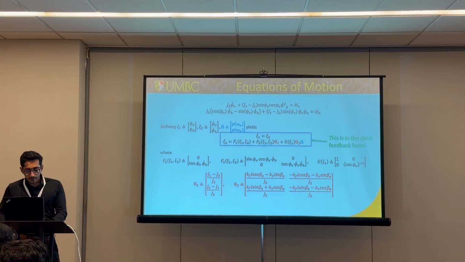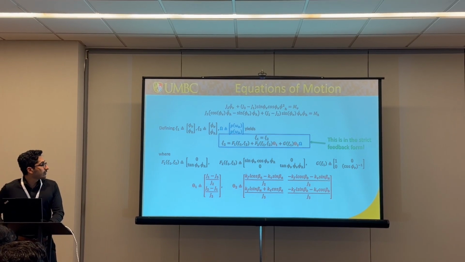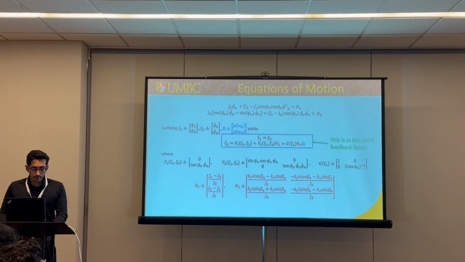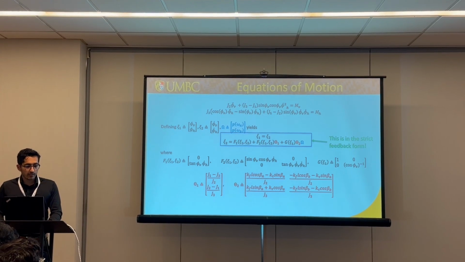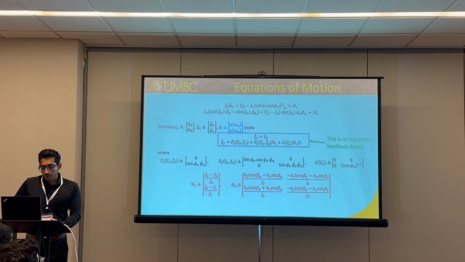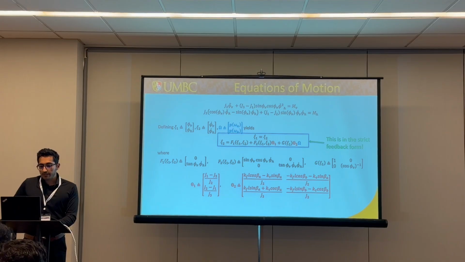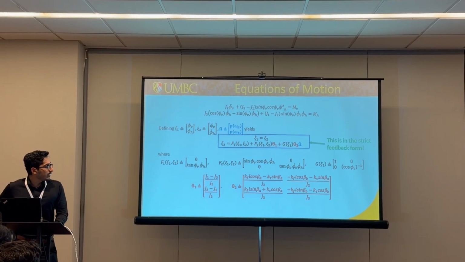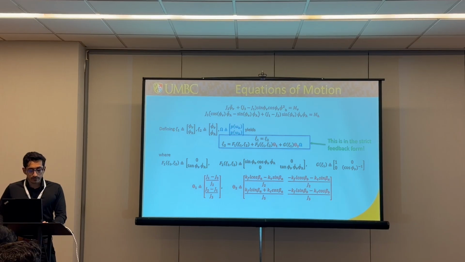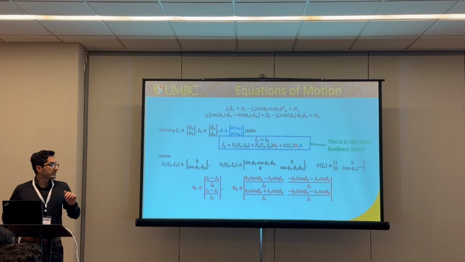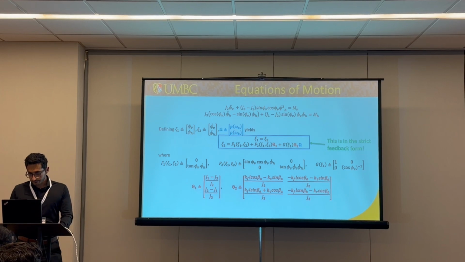F1, F2, and G, as you can see, are constructed only using the state. But theta 1 and theta 2 have the parameters of our model within them. So the unknowns that we are dealing with here are the moments of inertia, the length of our rotational system, the constants of rotors, and the angle of rotors with respect to their base.